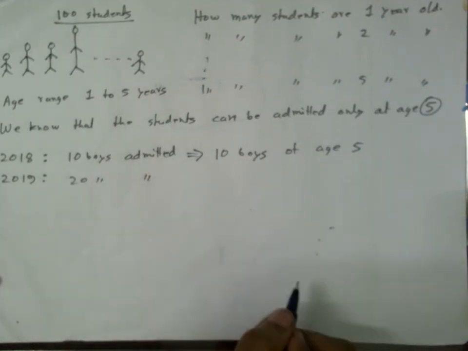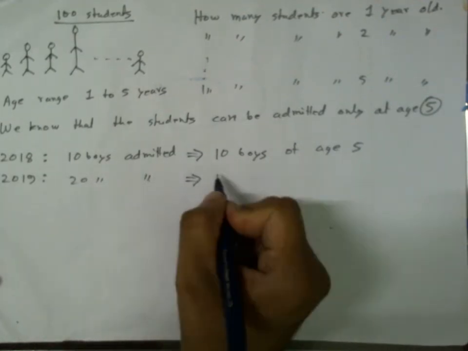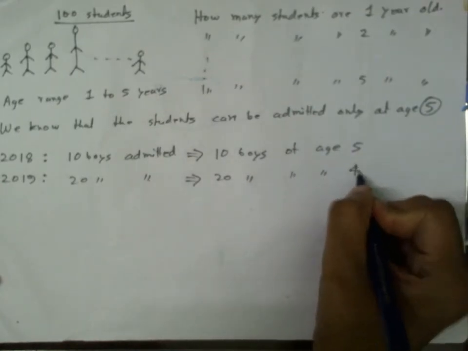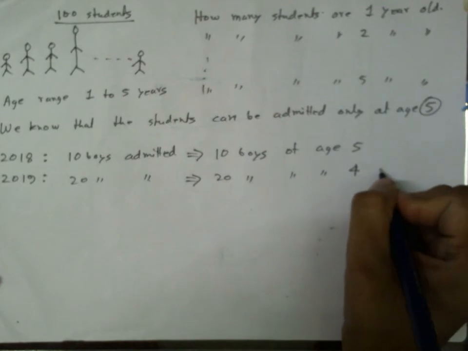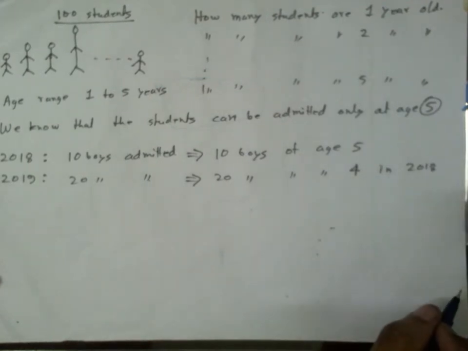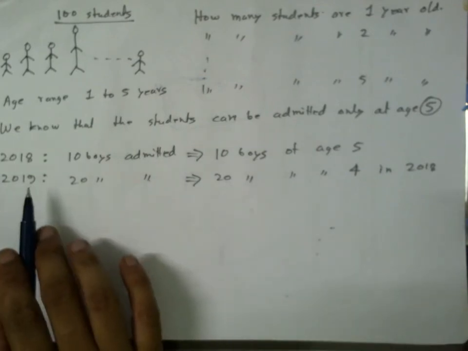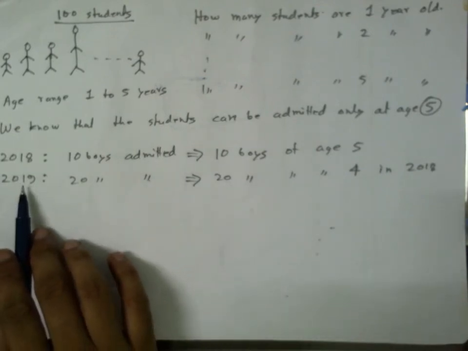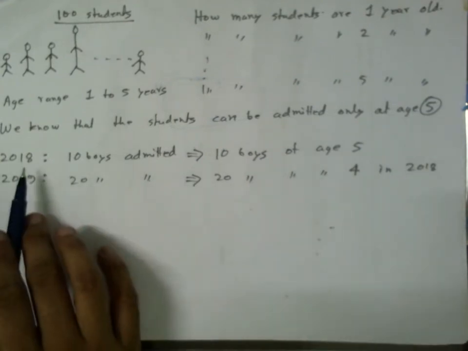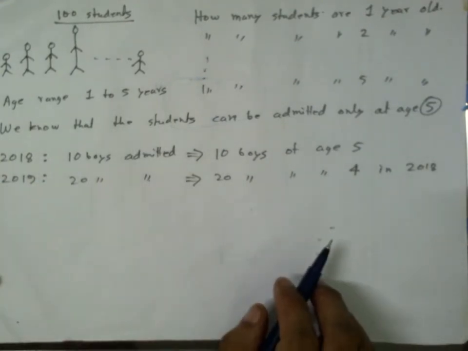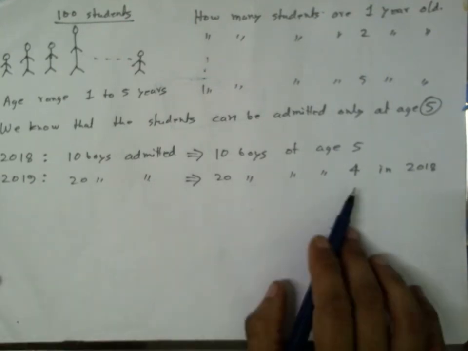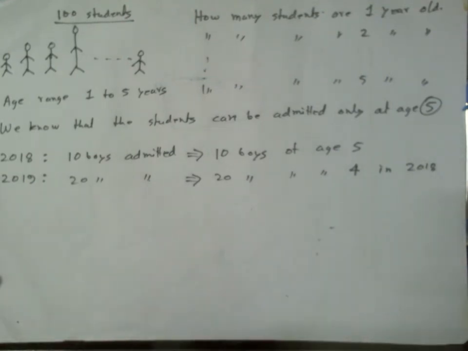So that means there are 20 boys of age 4 in 2018. Those who are of age 4 today will get admitted next year. So I have to wait till next year to know how many boys are of age 4 today.